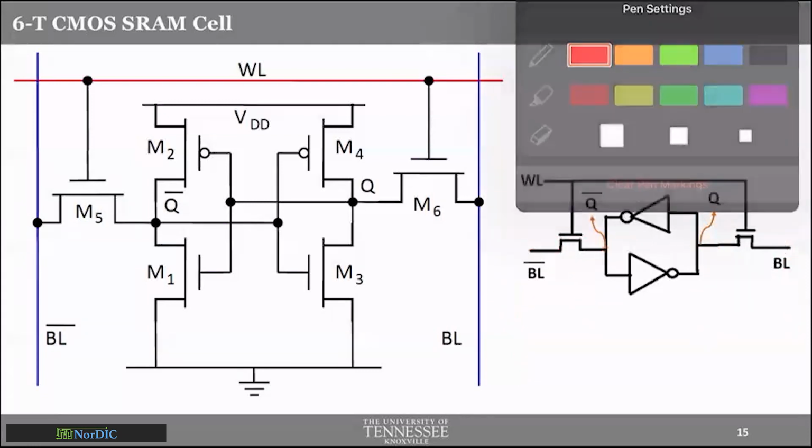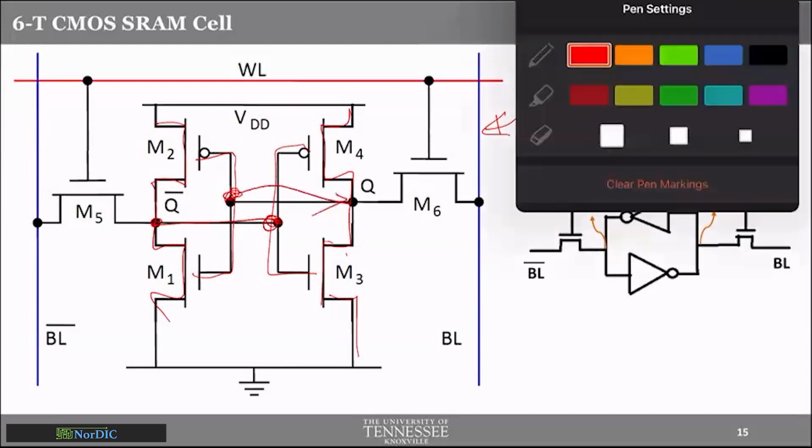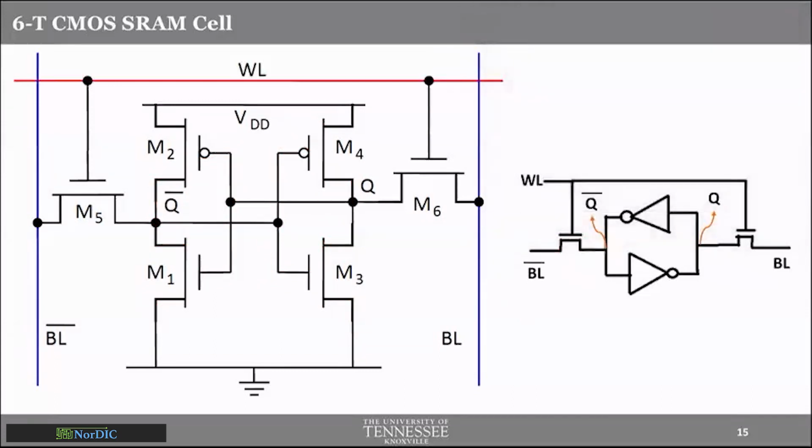Doesn't matter. Now, by the way, if you expand the structure, you end up with this type of scenario. You have this one inverter, and this is another inverter. They are cross-coupled because the output of this guy is the input of the other one. The output of this guy is the input of the other one. Okay, now it looks a little bit more complicated, but I really like looking at this figure because it simplifies everything, right?